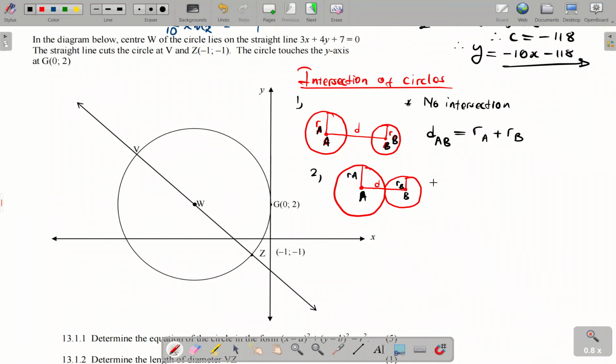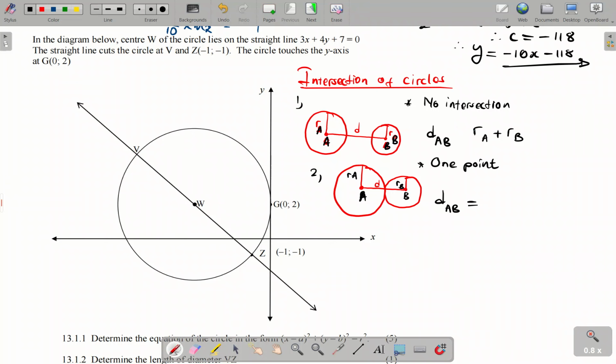So now you can see here you have an intersection. So this is one point. You have one point where the intersection happens. So it happens at only one point. So wherever you have this case, the distance between A and B is equal to, yeah, this has to be equal to, guys, sorry for that.